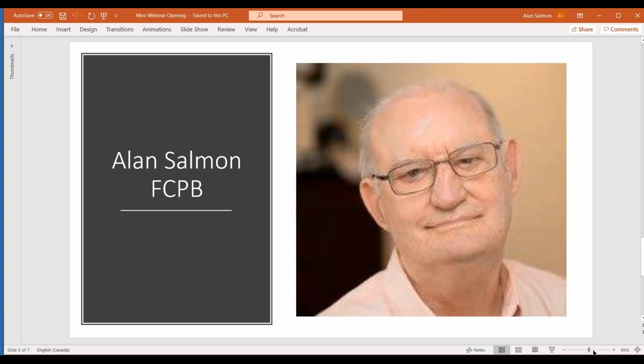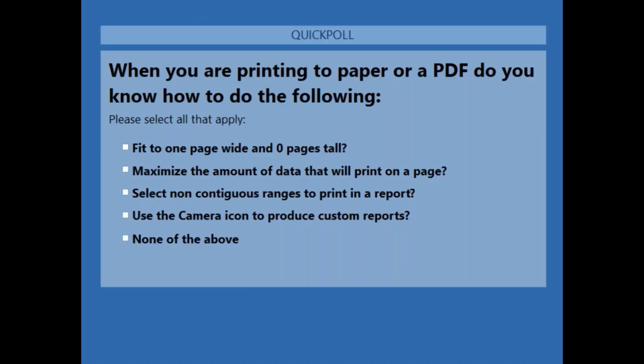Your screen should change and it should be blue now, asking you the question, when you're printing to paper or a PDF, do you know how to do the following? You get to choose more than one. Can you fit to one page with 0 pages tall? Can you maximize the amount of data that will print on a page? Can you select non-contiguous ranges to print in a report?